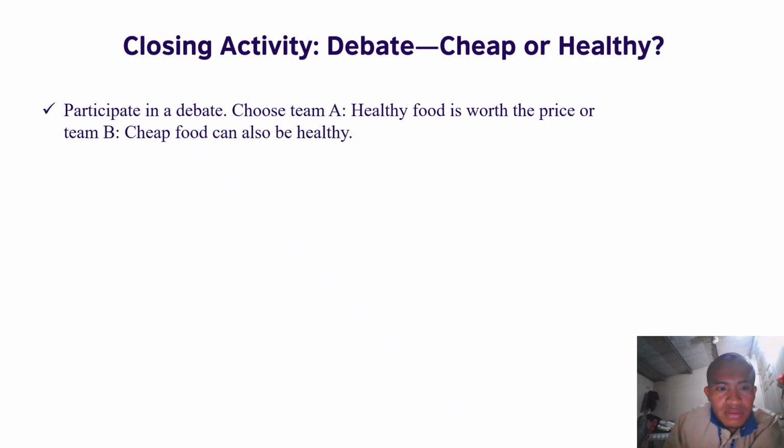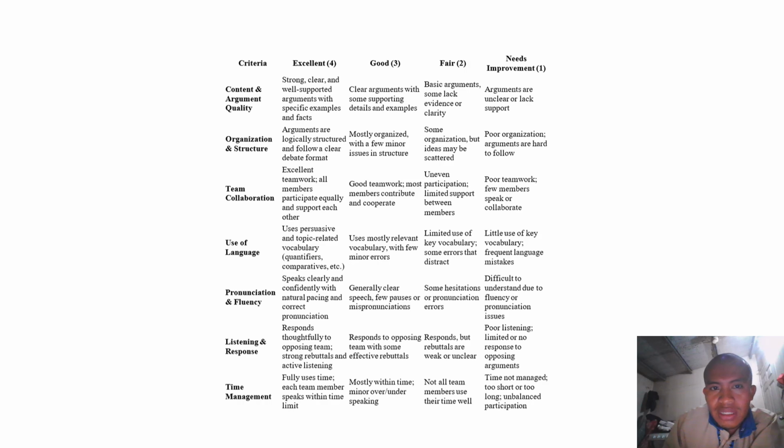So let's see here the rubric. This is the rubric that you have to fulfill: content, argument quality, organization, structure, team collaboration, because you are working with your classmates. Time management: try to use the time wisely.